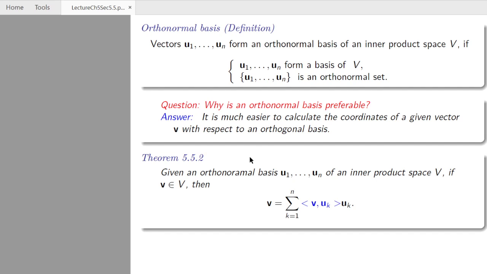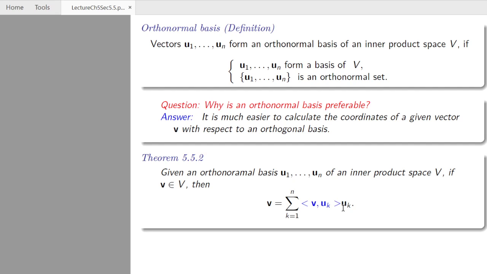Theorem 5.5.2. If we are given an orthonormal base for an inner product space V, for example, the base here is u1, u2 to un, then for each vector v in the inner product space, we can represent this vector v as a linear combination of the base.